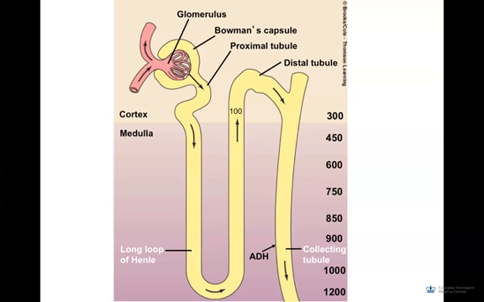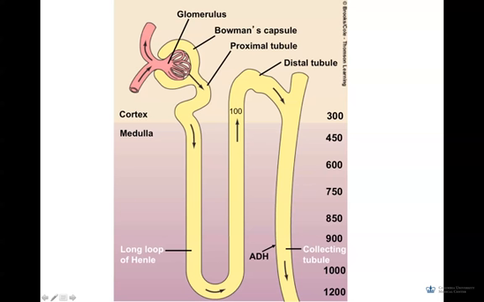So those two values, the minimal osmolarity of 100 represents no water reabsorption in the distal tubule and the collecting duct, and that maximal osmolarity of 1200 represents maximal water reabsorption in the distal tubule and the collecting duct.